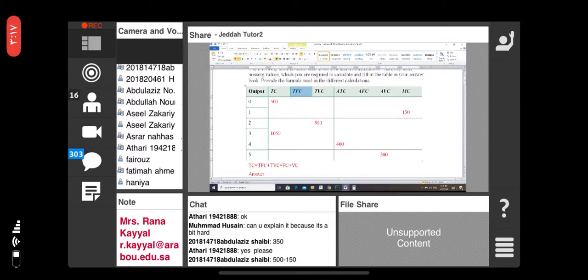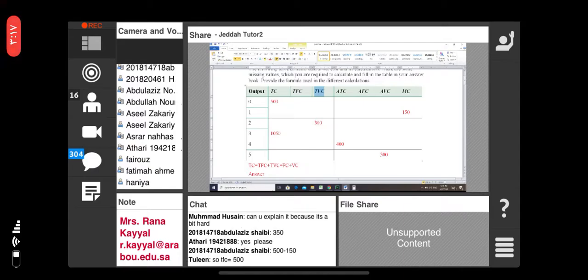So total cost equals the summation of total fixed cost and total variable cost. And I just said, the variable cost is the cost of my raw materials. So if I did not produce any unit, how much will be my total variable cost, Muhammad? I did not produce any unit, so the cost of raw materials is 0.